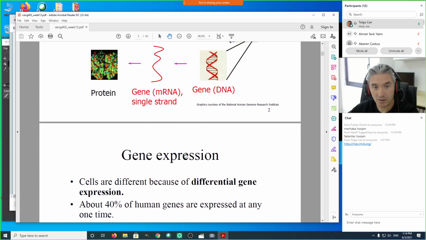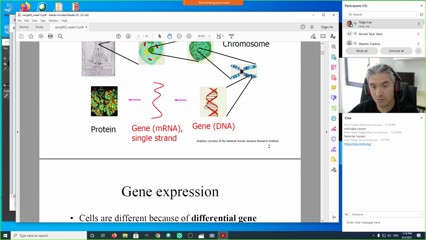Because although our genome is fairly constant throughout different tissues, we have the same source code, the same genome inside a single person's tissues, the actual execution of this DNA is different from tissue to tissue because we have different functions in different tissues. The muscle tissue does not have the same function as brain and nerve cells.